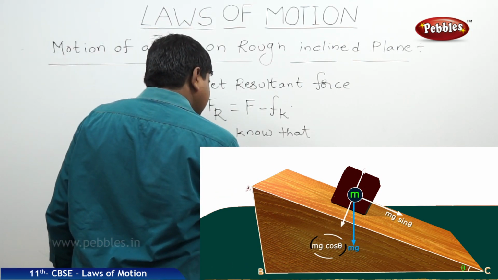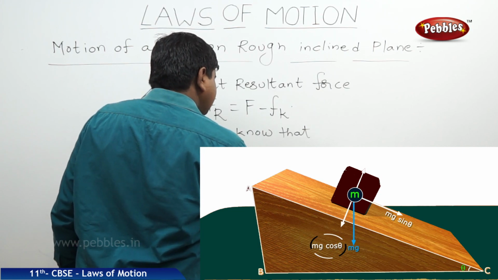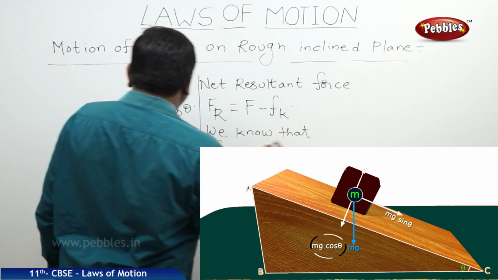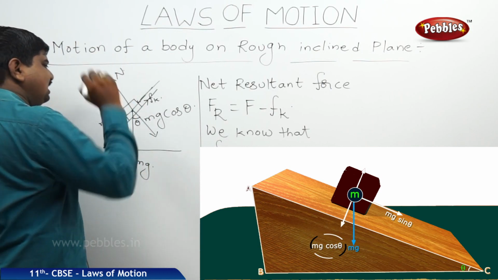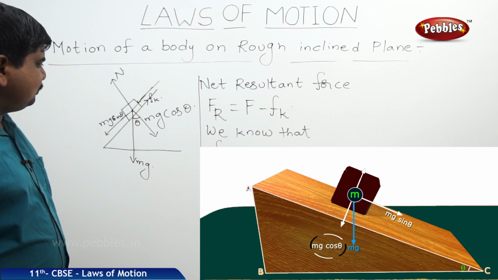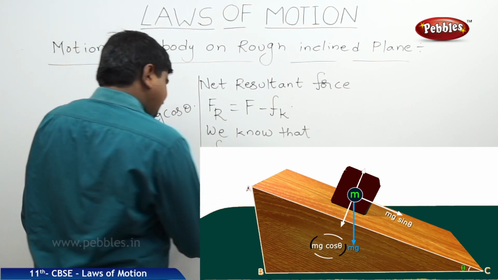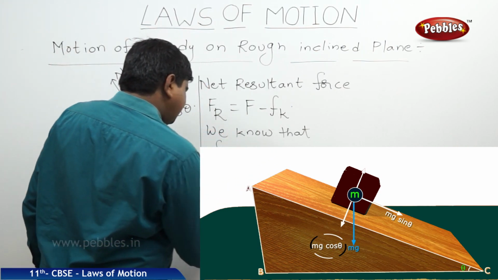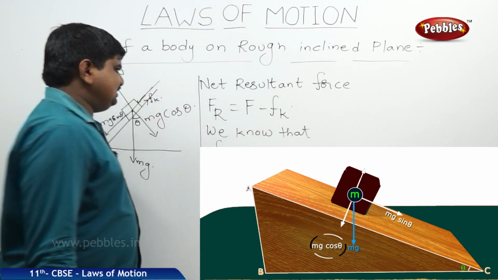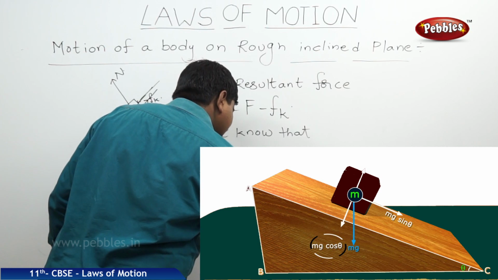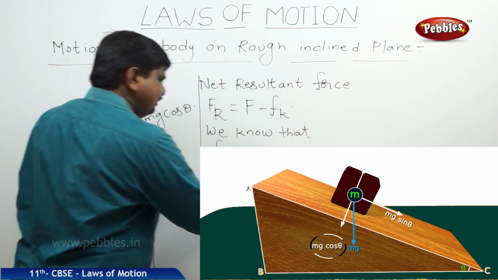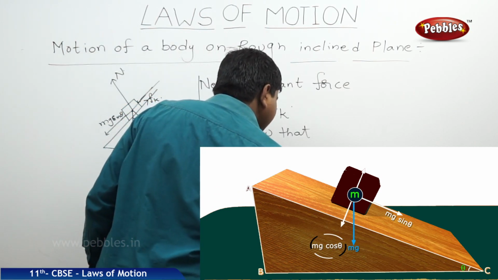Therefore it is mu k mg cos theta, because the normal force is exactly upward with the same magnitude but in the opposite direction. So therefore Fr is equal to, what is F? mg sin theta minus Fk, mu k mg cos theta.